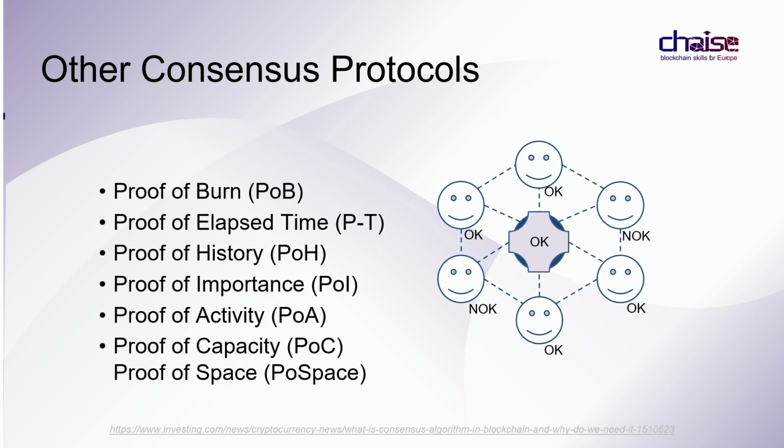Proof of history. As the name suggests, proof of history provides proof of historical events. It was developed by Solana. Proof of history allows a timestamp to be built into the blockchain itself, verifying the passage of time between transactions without having to rely on other nodes.